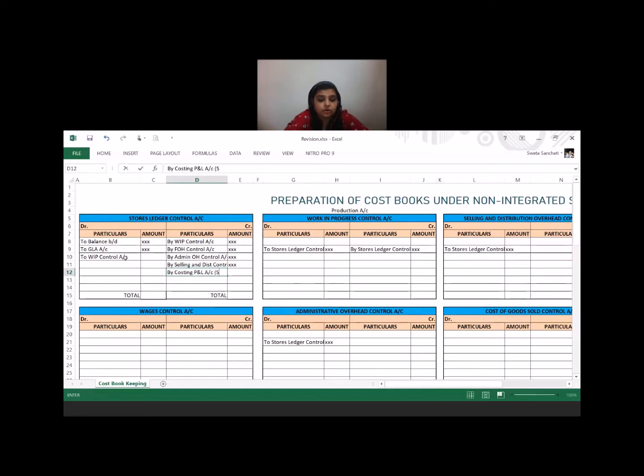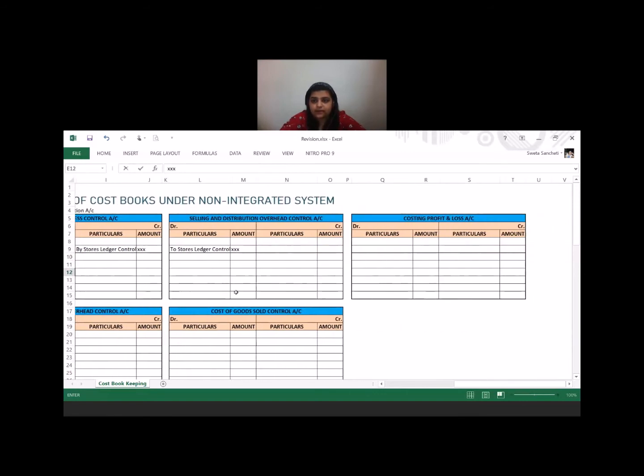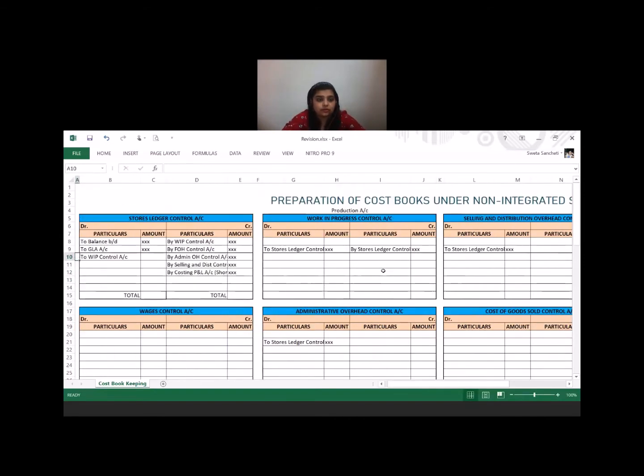We'll write here shortage. And this will again affect our costing P&L to stores ledger control account.